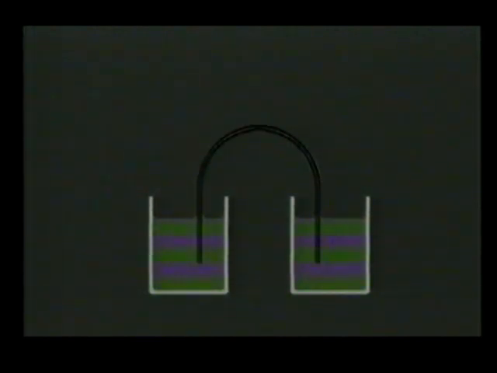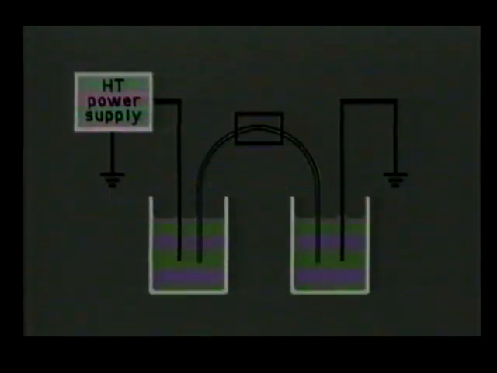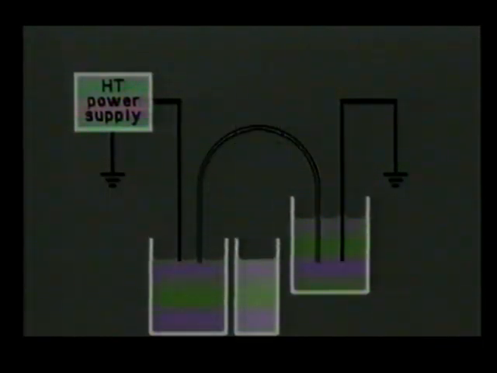Separations are normally carried out in free solution, with a buffer-filled capillary. With a high voltage applied across the capillary, an electric field is created within the capillary, and the molecules migrate within this field according to their size and charge.